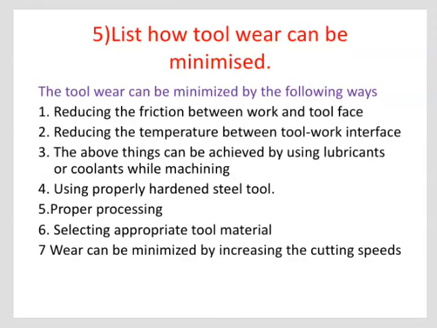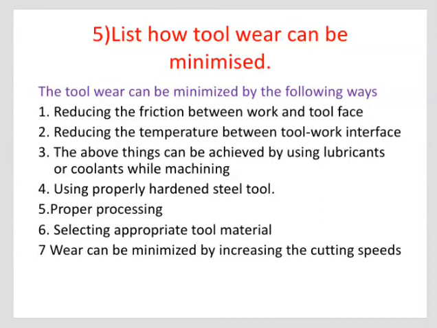The next question is: list how tool wear can be minimized. Here, the tool wear can be minimized in the following ways: reducing the friction between work and the tool face. If there is less friction, then the tool life increases. Reducing the temperature between the tool and work interface. If the temperature between the tool and work interface is less, then you can minimize the tool wear.